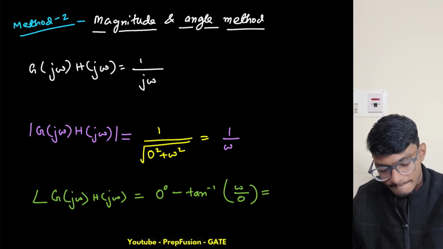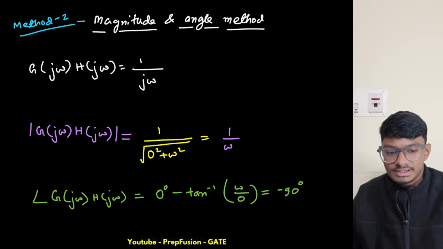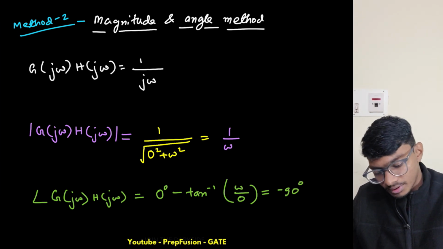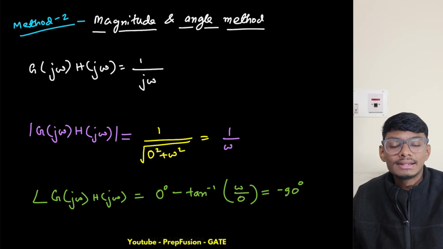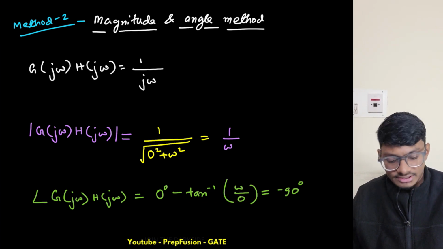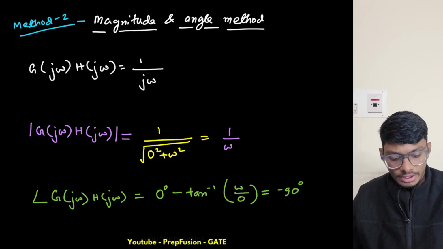So this is equal to minus 90 itself. From here itself I can understand my angle isn't a function of omega, right? My magnitude is a function of omega, but my angle isn't.